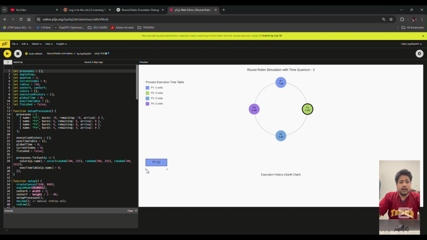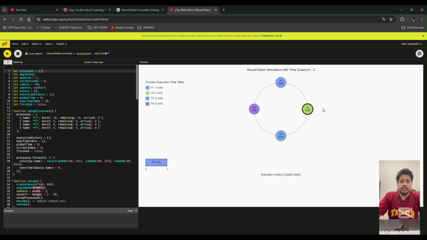After the 3 execution cycles, it will preempt and switch to the next process, which is process 2. Here we can see process 1 just now was 10. Now it shows 7 because 3 of the execution time is already used, and the total execution time executed is shown here. You can see P1 already executed 3.